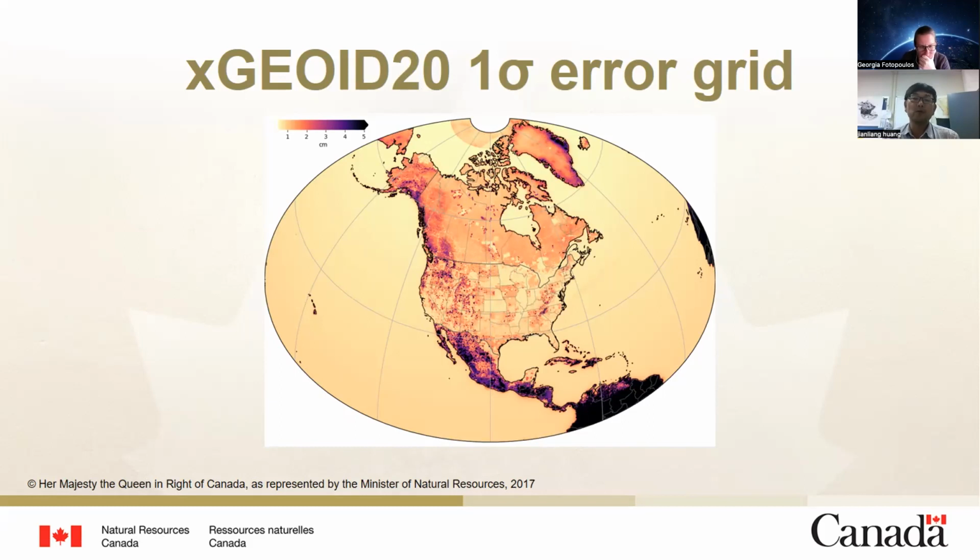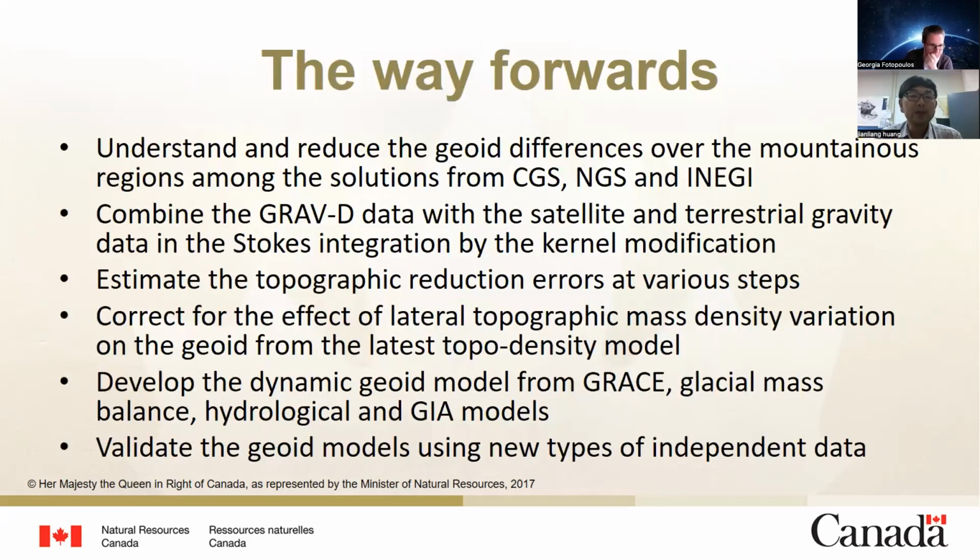Then finally, the way forward. We still need to understand and reduce the geoid difference for the mountainous region among the solutions from CGS and NGS, and in the future also in the solution. We need to combine the gravity data with satellite and terrestrial gravity data in Stokes integration by kernel modification.